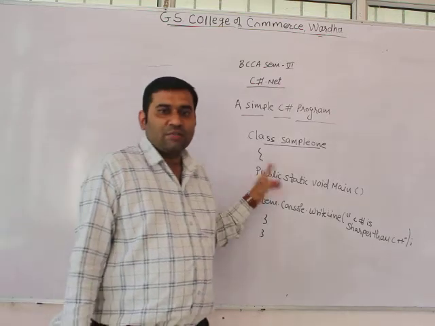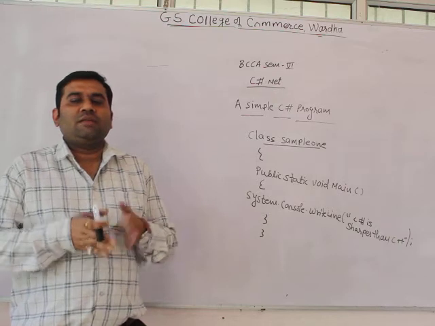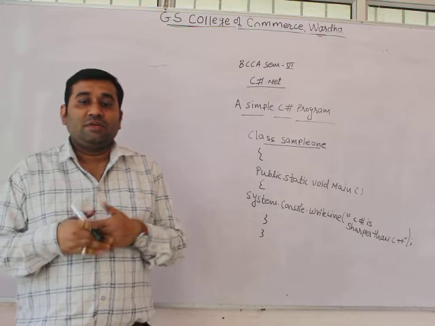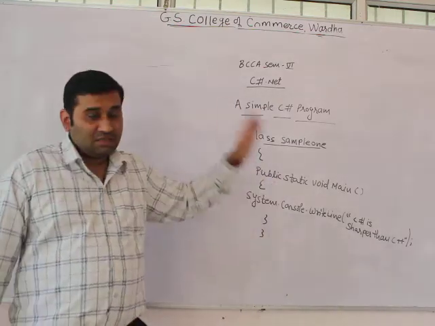Why write public? The public keyword is an access modifier that tells the C Sharp compiler that the Main method is accessible by anyone. The second is static.